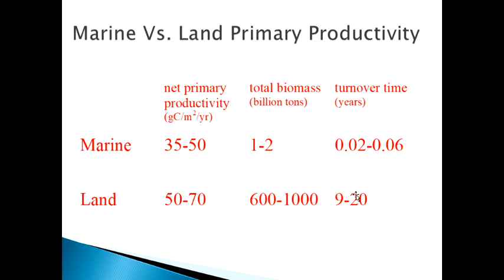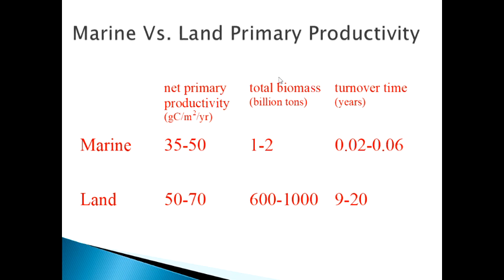If you then sum that with grasses, grasses might be more like the turnover time of the oceans, but even there they last longer. So a field of grass grows and it exists longer before it's grazed down or used than its equivalent in the oceans, the plankton.